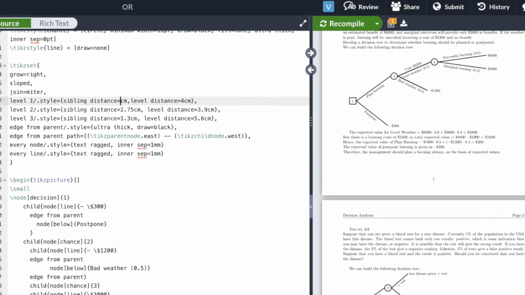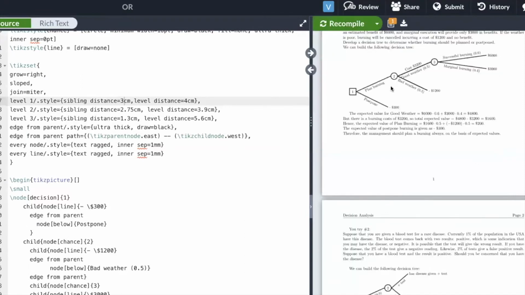So let's say distance of 3, and I will recompile just to show you how the distance between them changed. The level distance, like I said, is that distance over here. I can change that to say 2.5.